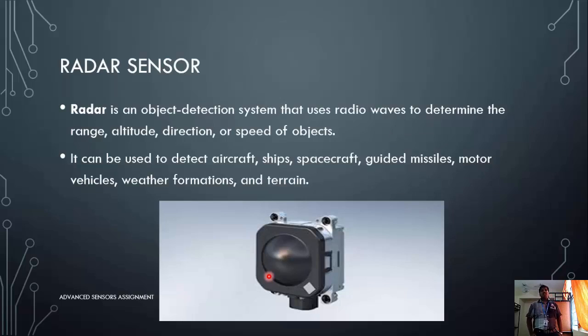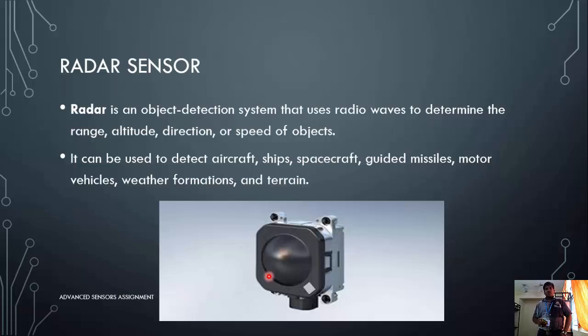Radar is an object detection system that uses radio waves to determine the range, altitude, direction, or speed of objects. There are different types of radar sensors available, which will calculate range, altitude, direction, or the speed of the object.